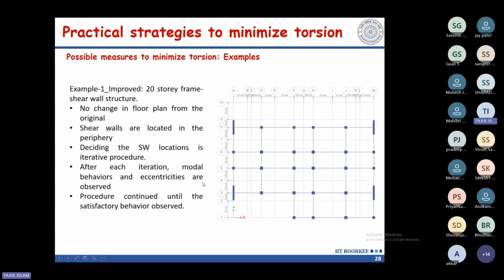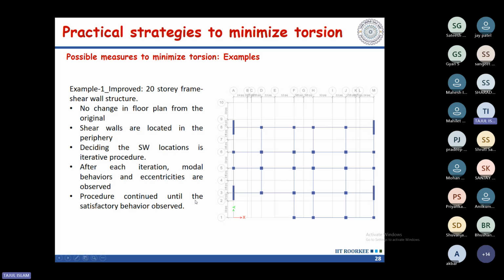In the iteration process, before reaching this final configuration, after each iteration I checked the modal behavior and eccentricities. If this was not satisfied, then I went for the next iteration. So two conditions I followed: locating the members as far away from the center as possible, and checking the modal response after each iteration.